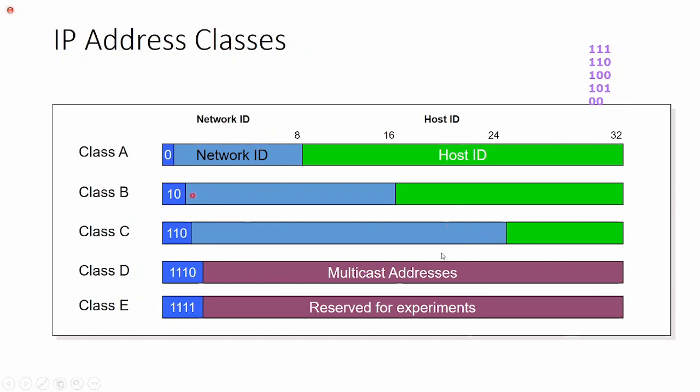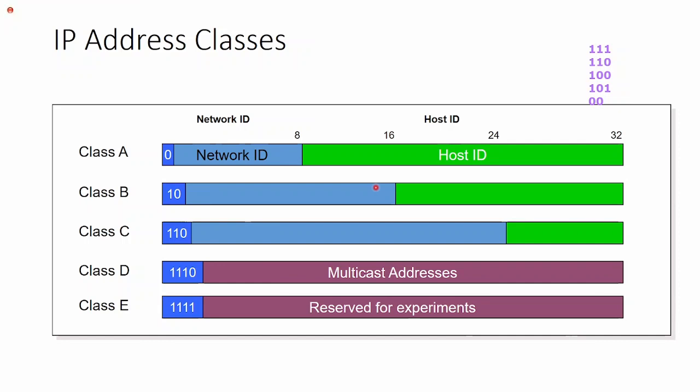Here you have a larger number of bits for the network ID, so that means we can define many networks. In class B, the network ID only has 16 bits, so you can have only 2 to the power 16 different networks in class B. In class A, you have only 8 digits.